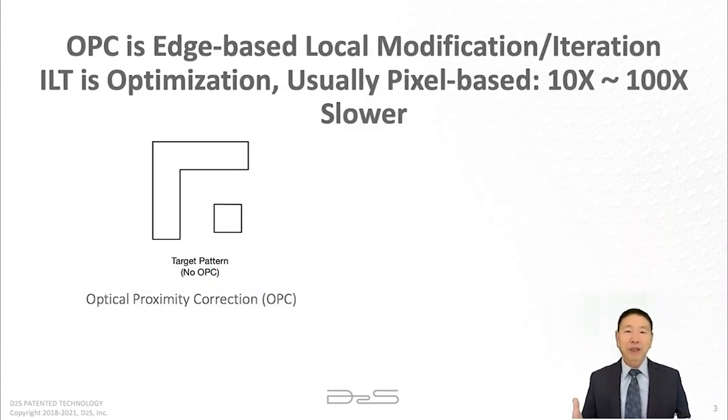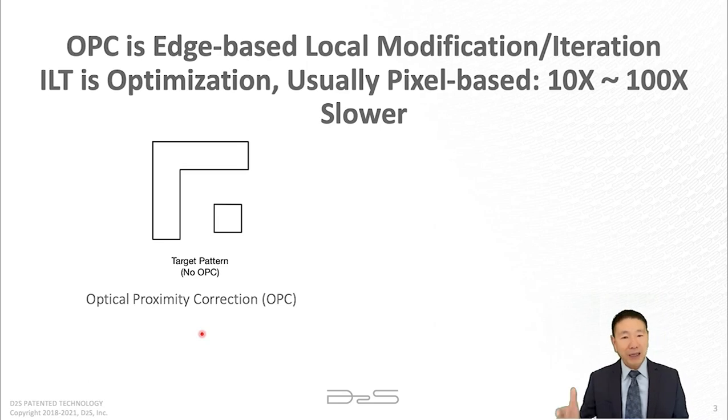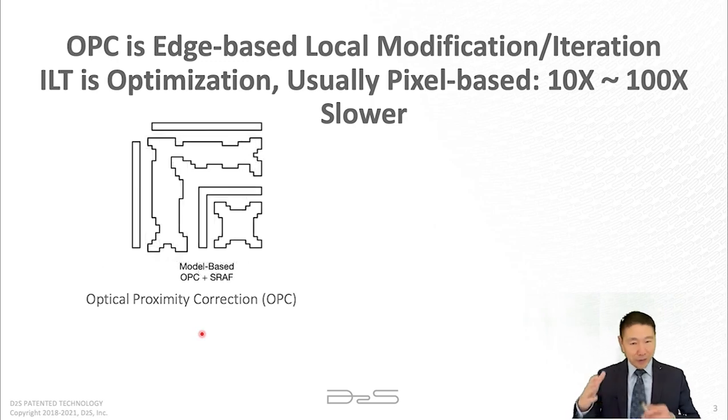When we talk about ILT, we need to mention OPC, because OPC is the first attempt to make the wafer print by computing the mask patterns. It is edge-based, started from a rule-based approach by adding serifs to the contact, and later on model-based, where those modifications are more complex and also added scattering bars.